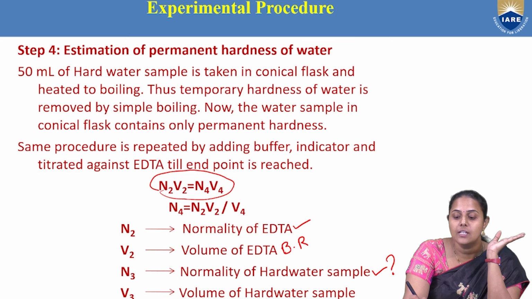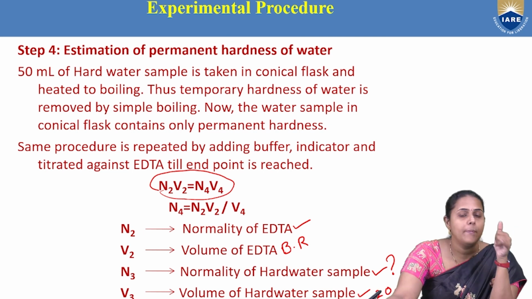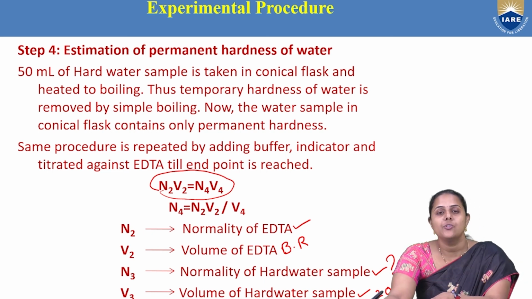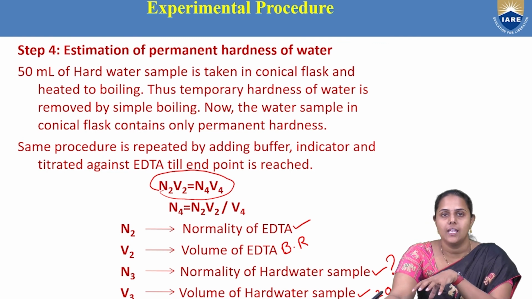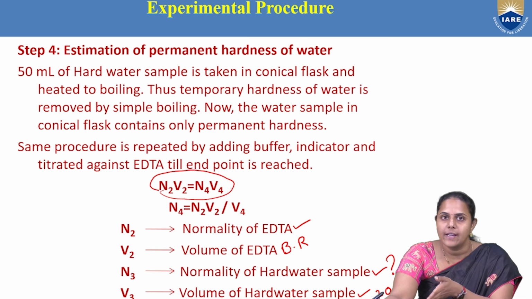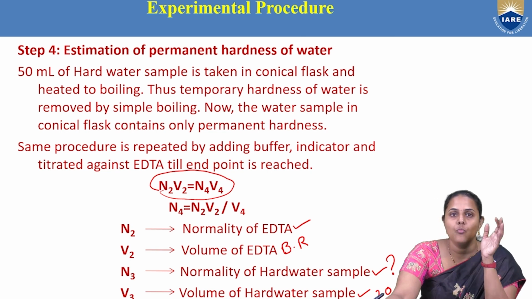V4 is the volume of hard water sample. How much amount have I taken? 20 ml. I know I have pipetted out 20 ml of the hard water sample, so I will substitute however much water I have taken. As already told, if you take 10 ml of water, you have to write down 10, depending on the volume you have chosen.